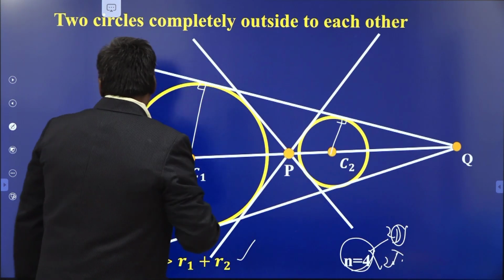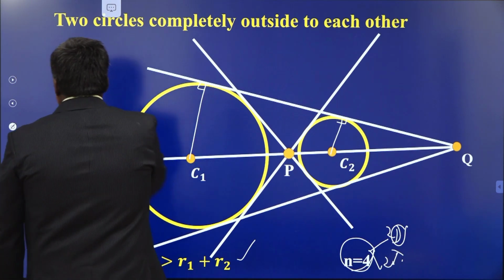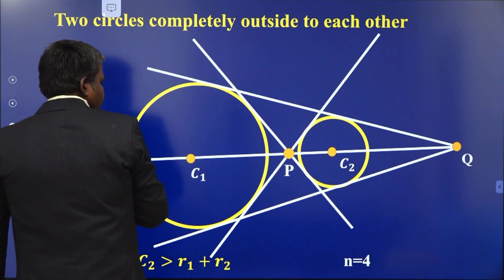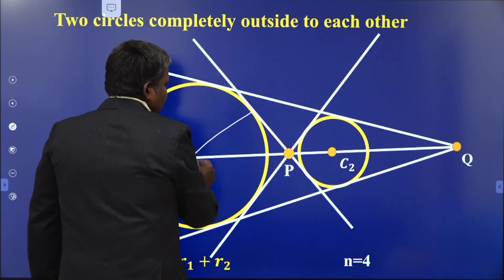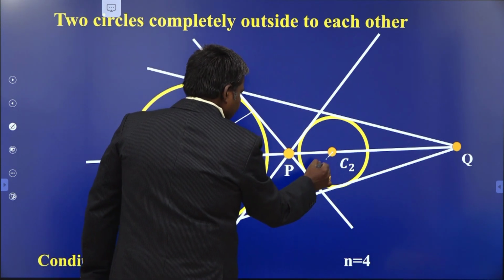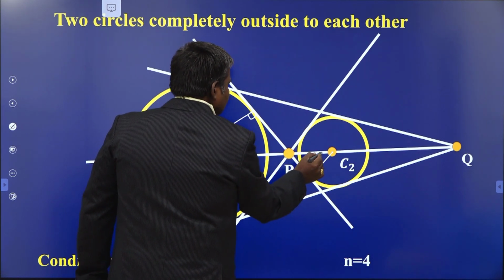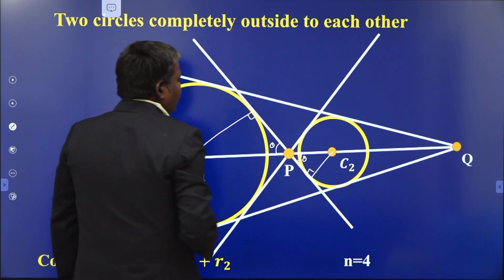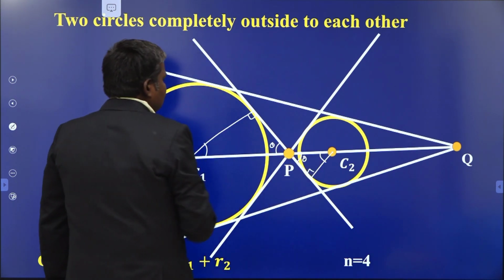Okay, next. Next, these are the other two similar triangles here. This is 90 degrees, this is also 90 degrees. If this is theta, automatically this will also be theta, being opposite angles. So if this is 90 minus theta, this will also be 90 minus theta.